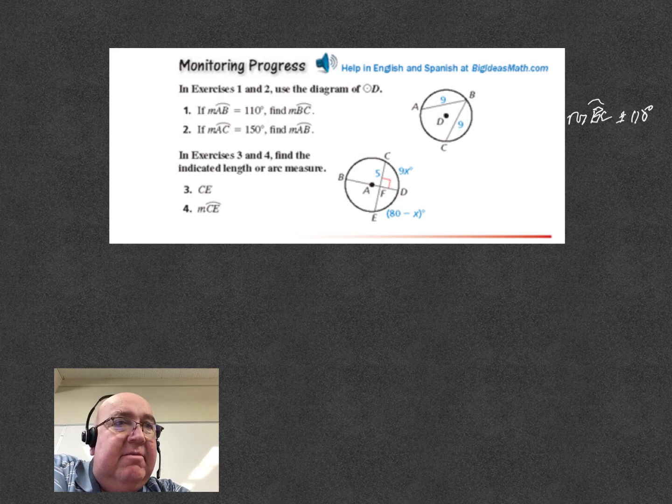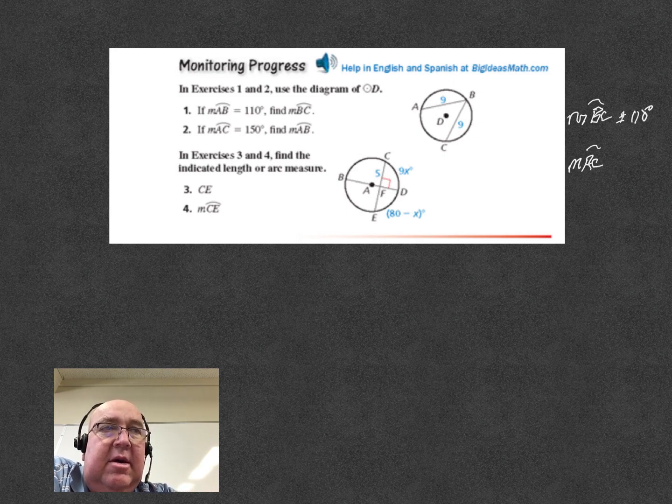And we want to find the measure of arc AC. If AB is equal to, okay, we want to find AB.